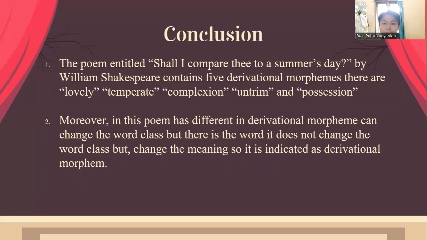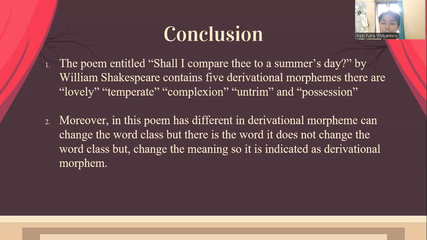Next is the conclusion. The poem entitled Shall I Compare Thee to a Summer's Day by William Shakespeare contains five derivational morphemes. They are lovely, temperate, complexion, untrimmed, and possession.